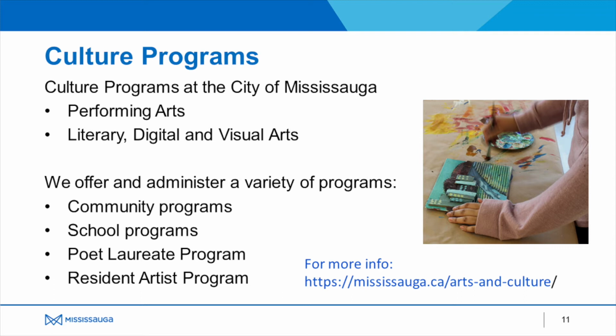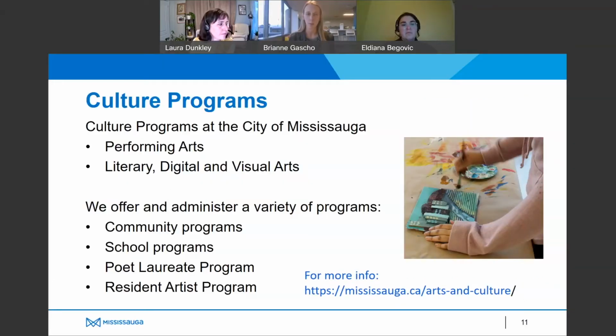In addition to school programming, our team also oversees the Poet Laureate program. The City of Mississauga has a Poet Laureate program that sees one Youth Poet Laureate and one Poet Laureate within this position at any given time. We are making an announcement excitingly next week about our next Poet Laureate. So if you're interested in the literary arts, that's something neat to check out.